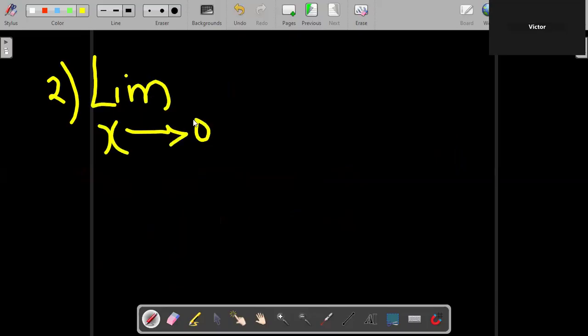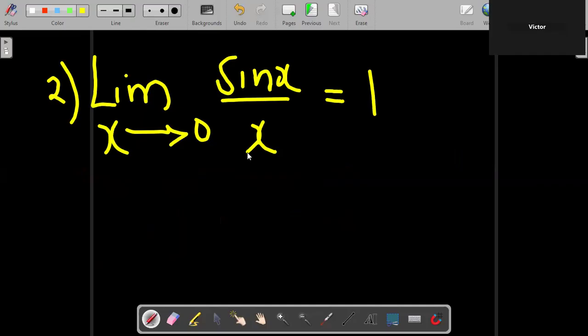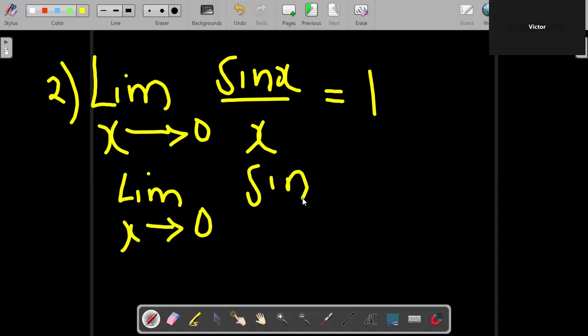Then number 2, we call this one a special limit. The limit as x tends to 0 of sine x over x, the result is always 1. Anytime you see sine x over x, the result is 1. Maybe for instance a limit as x tends to 0 of sine 2x over 2x: if the numerator is 2x, the denominator should also be 2x.